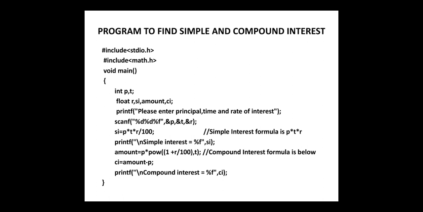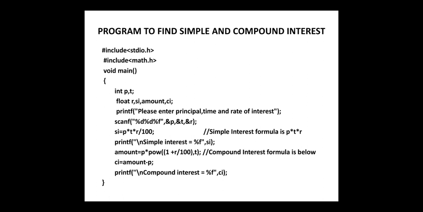My agenda in this program is to print the compound interest, and before that we need to calculate it. The formula for compound interest, we need to write it now. That is principal amount into pow, the mathematical function used for the power function, (1 plus r divided by 100) whole to the power of t.